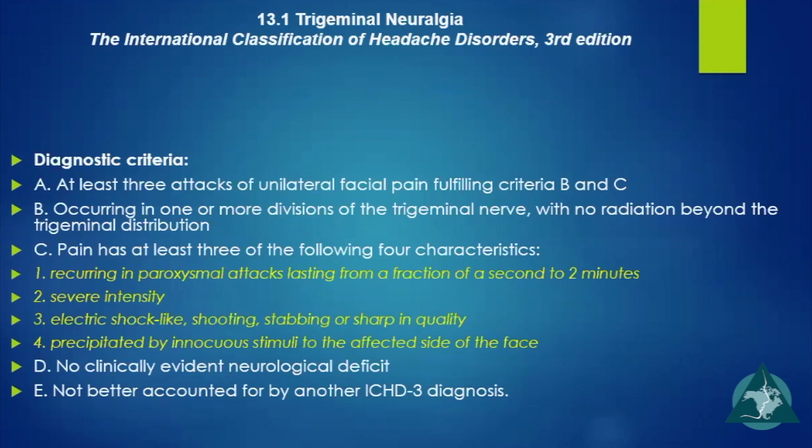Criteria C include pain has at least 3 of the following 4 characteristics: recurring in paroxysmal attacks lasting from a fraction of a second to 2 minutes, severe intensity, electric shock-like, shooting, stabbing, or sharp quality, precipitated by innocuous stimuli to the affected area.